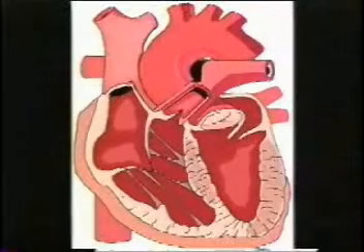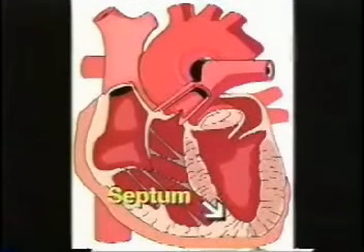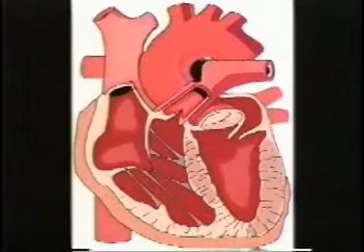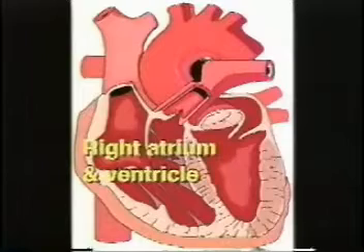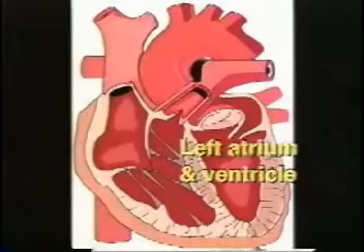The heart is divided into a right and left half by tissue in the center called a septum. Each half consists of 2 chambers, a right atrium and right ventricle, and a left atrium and left ventricle.